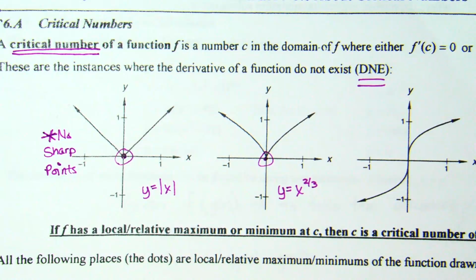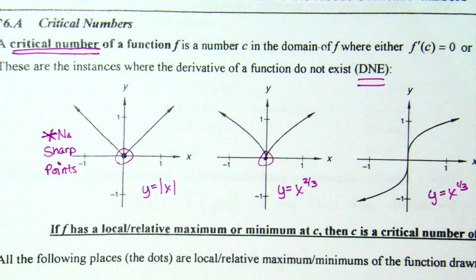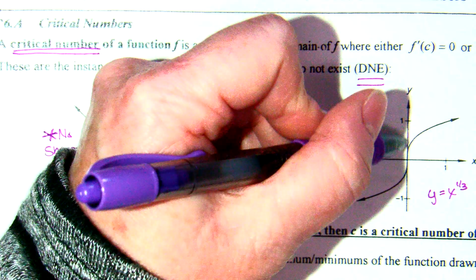And third example, okay? This is designed to be the graph y equals x to the 1/3, I believe. Notice, are there any sharp points here or hard points here? No. But what we do have is we have a section where if we were to draw a tangent line, we would have to draw a vertical tangent line.